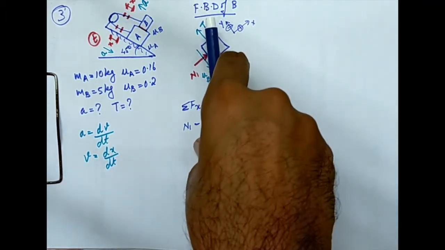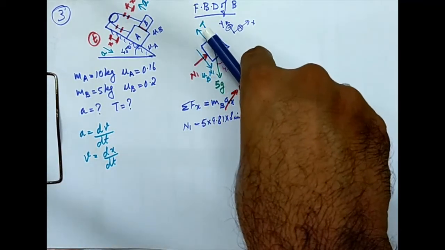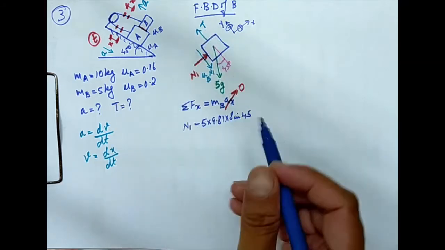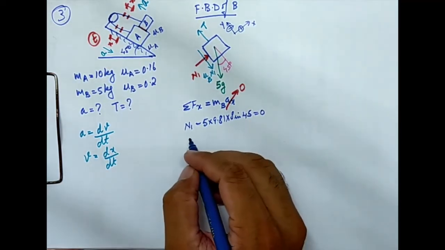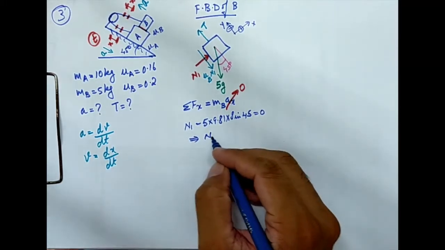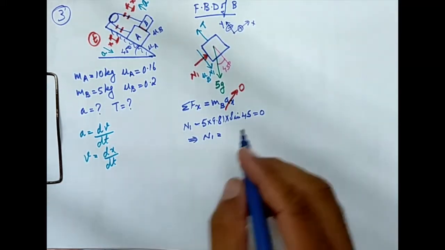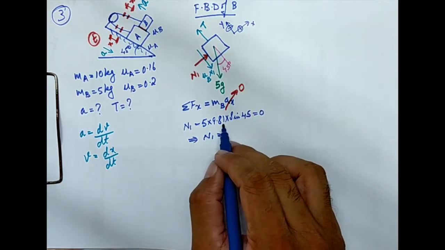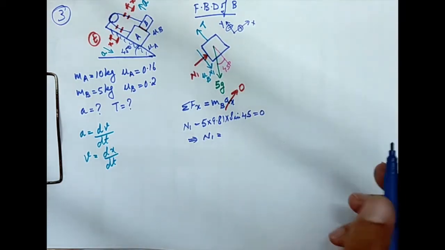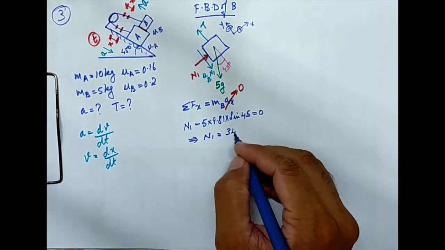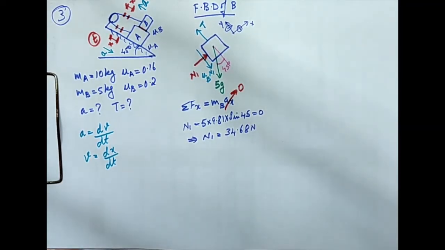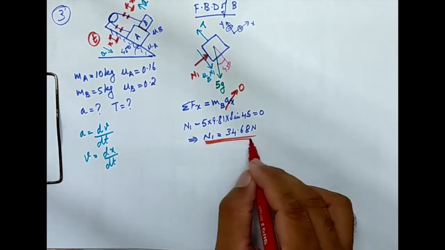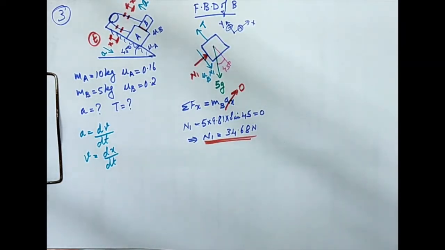Okay, 5g is this, 5g cos 45 is this, 5g sine 45 is this. So N1 minus 5g sine 45 equal to 0, which implies N1 is equal to 5 into 9.81 into 1 by root 2. When I calculate that, I'm going to get it as 34.68 Newton. So that's the value of N1 that I'm getting.